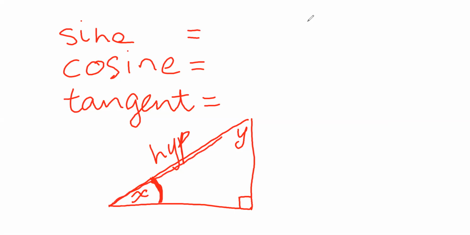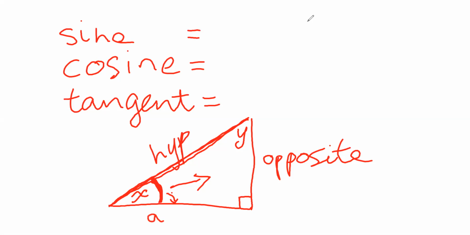That doesn't change. However, there are 2 other sides, and the way we refer to this side here, looking far across to the other side of the triangle, this is called the opposite side. And when we look right next to the angle that we're talking about, this is called adjacent.